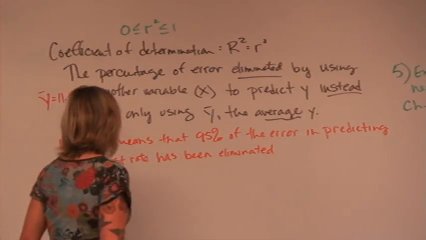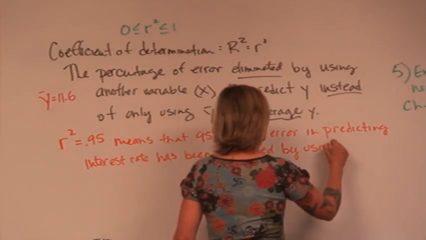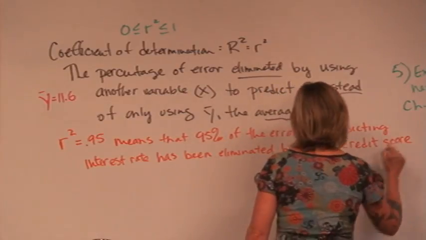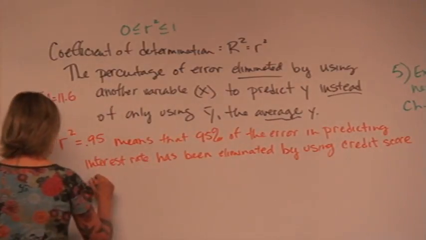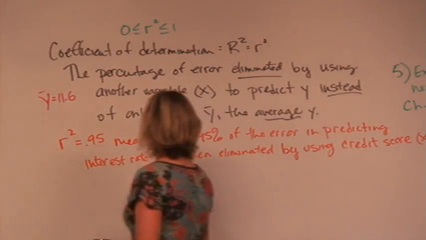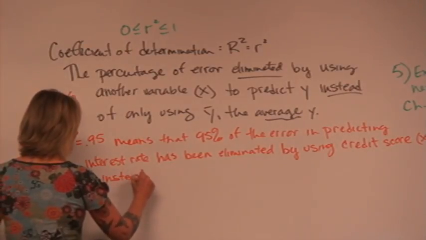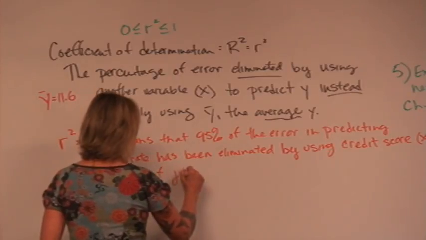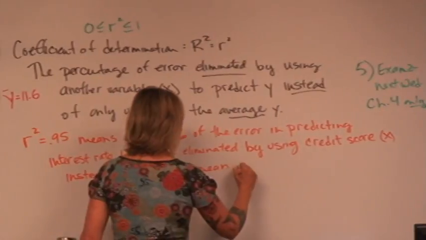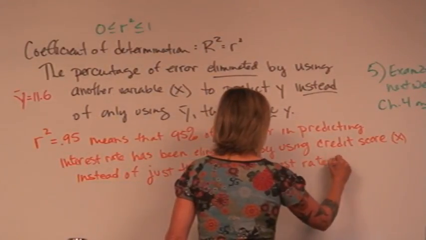Okay. Has been eliminated by using credit score, which is our x, instead of just the mean interest rate, or y bar.